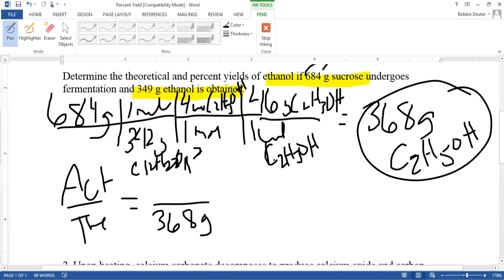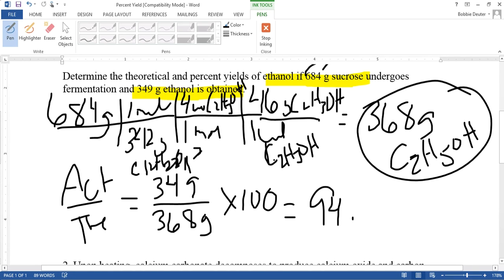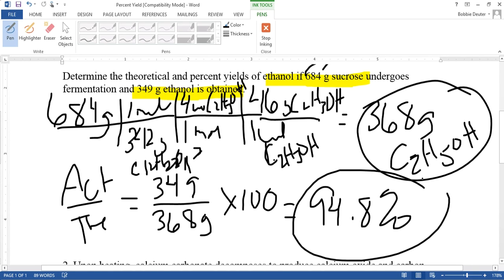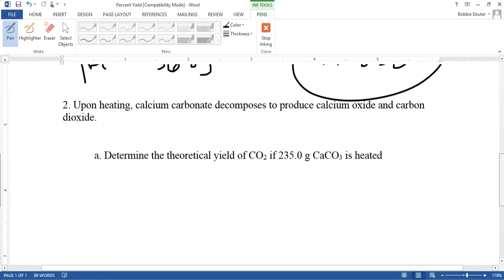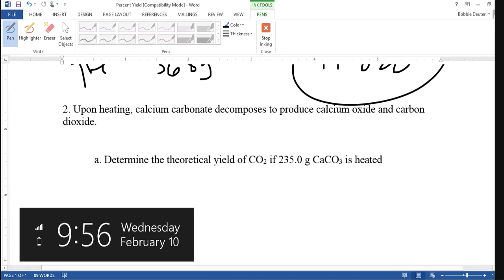Our actual is 349 grams, times 100. The actual they have to give us. It's 94.8%. If you talk to ethanol plants, they're telling you that you run at 100% efficiency. And that is good, because then they're meeting their optimal amount of ethanol being produced, plus they're making the most profit margins that they possibly can.